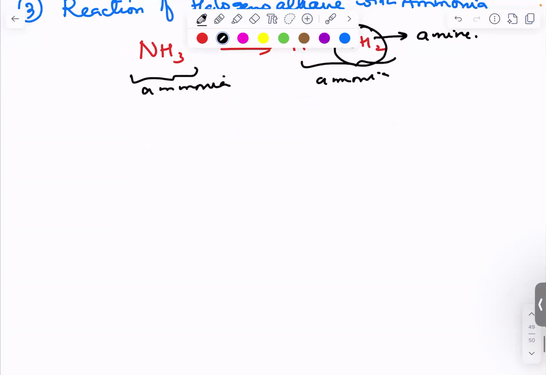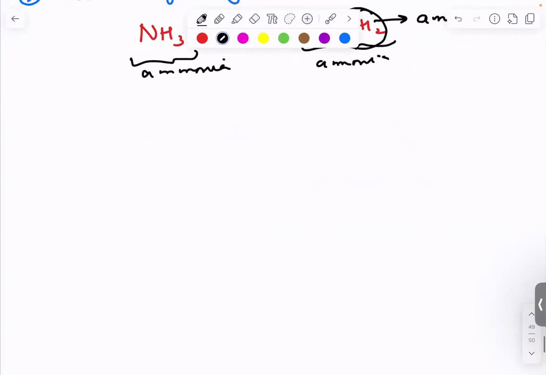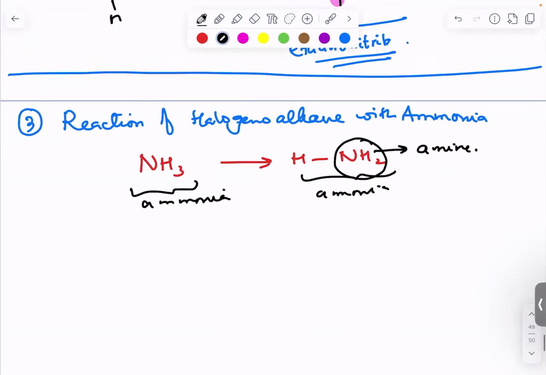All right. Actually, this H will combine with the Br or Cl, whatever. Like if I make the halogenoalkane like this, H, CH, CH3, and let's suppose I write Br here.